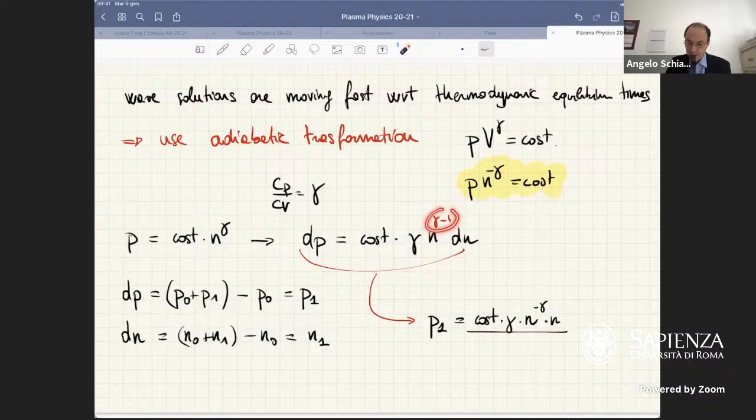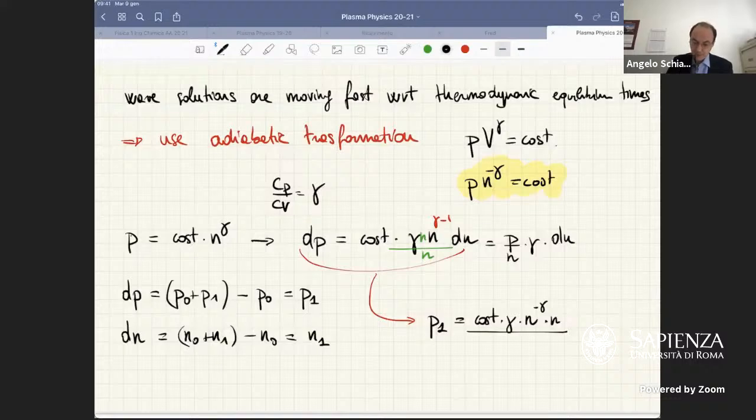So if we divide and multiply by n here, we get on top a constant times n to the gamma, which is exactly P, and we can rewrite our equation as P over n times gamma times dn.